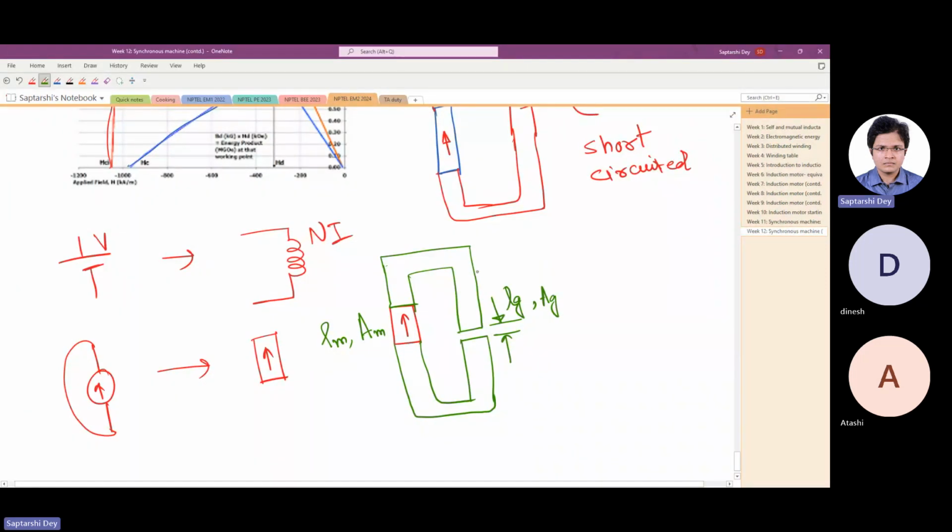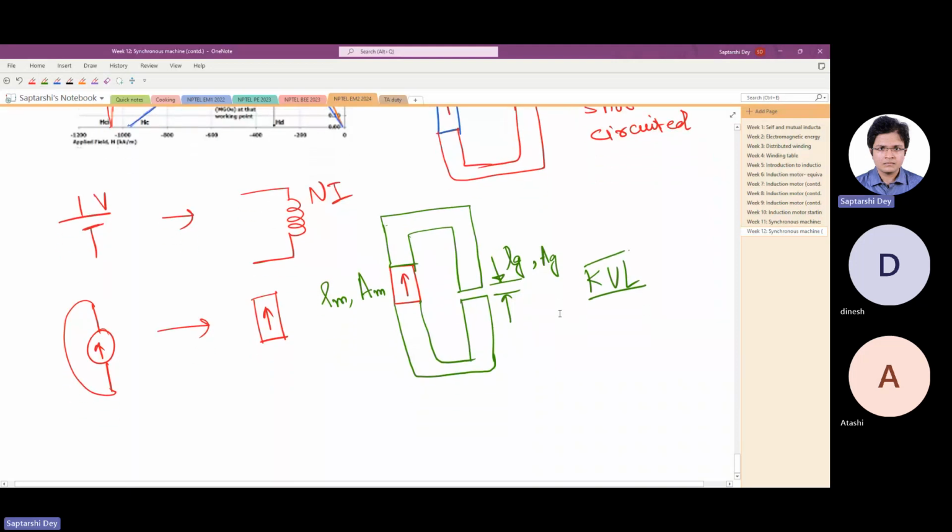Right? Now I will apply KVL. So how does it look? It's HM LM. What I'm taking is that the keeper has a permeability of infinity, so there is no mmf drop in the keeper. So HM LM plus HG LG is 0.